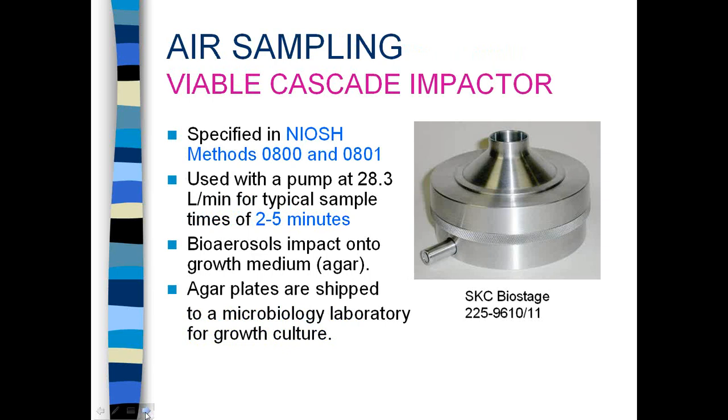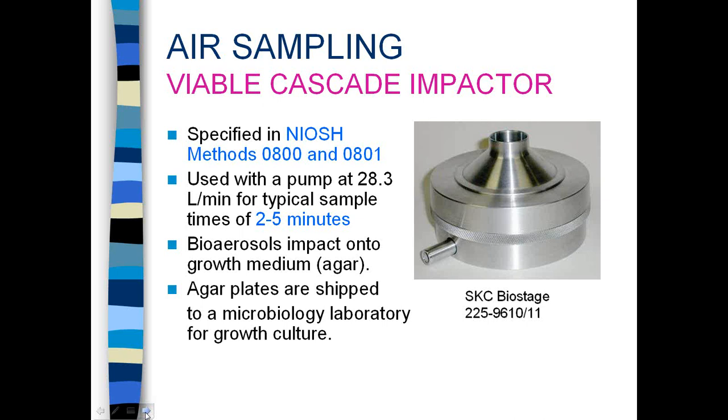Globally, the gold standard for sampling and analysis of biological contaminants is a viable cascade impactor. This sampler is specified in NIOSH methods for bioaerosols. Shown here is the SKC viable cascade impactor called the BioStage.